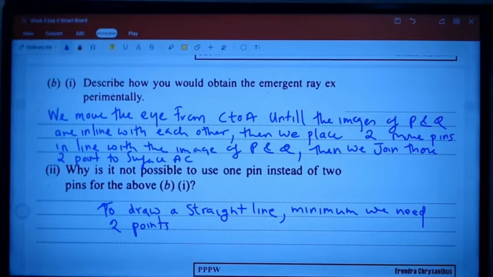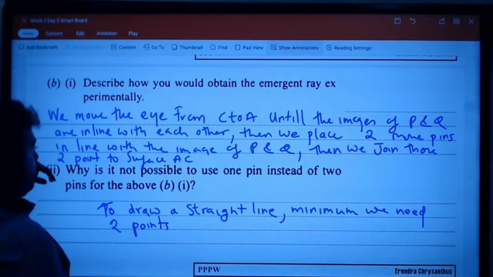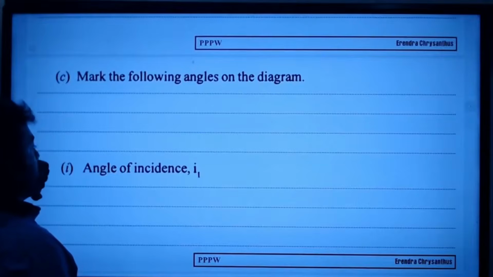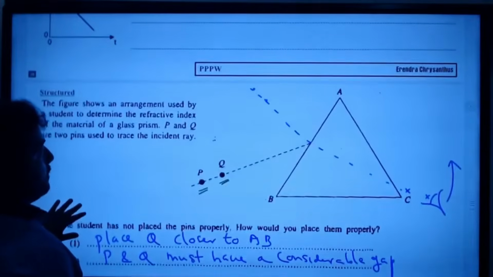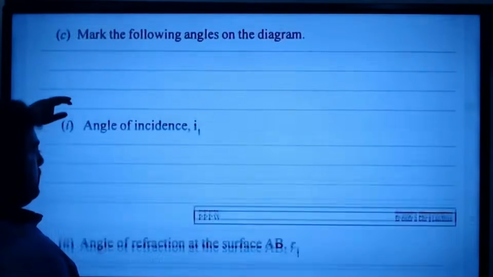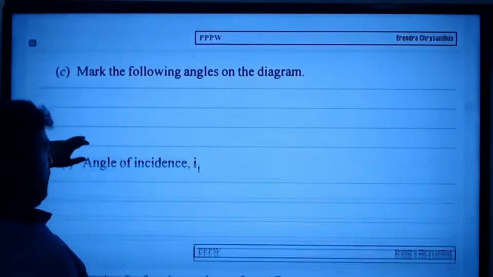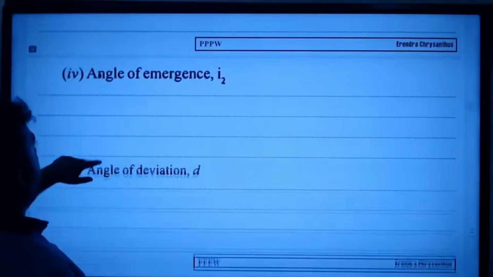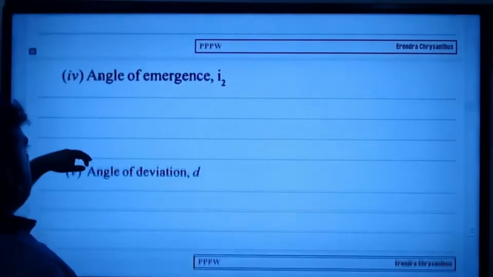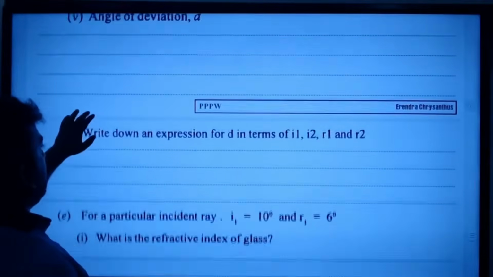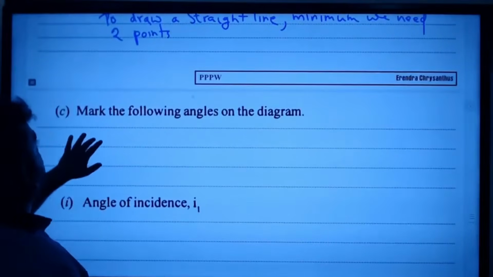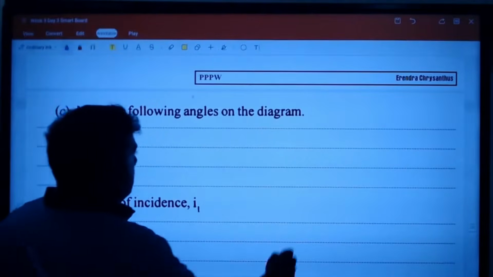Part C. Mark the following angles: angle of incidence I1, reflection, incident, emergent, deviation. Well, best is I'll draw it here, it's easier actually.